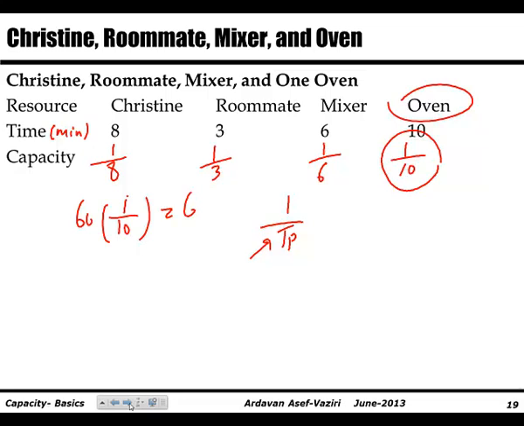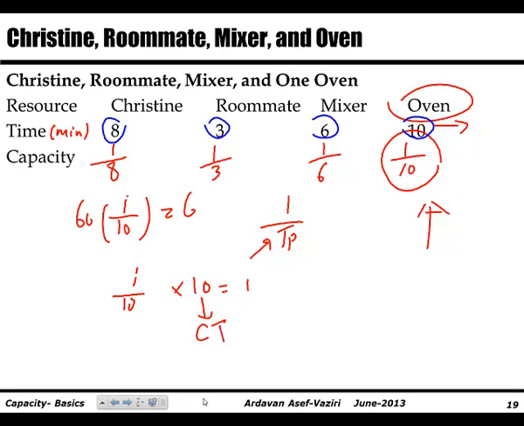Flow time is still 8 plus 3 plus 6 plus 10. Because the bottleneck is a single resource unit, cycle time is 10. I don't need to do any computation. If you want a computation, because capacity is 1 over 10, each minute you produce 1 over 10, therefore after 10 minutes you produce 1, and cycle time is 10 minutes.